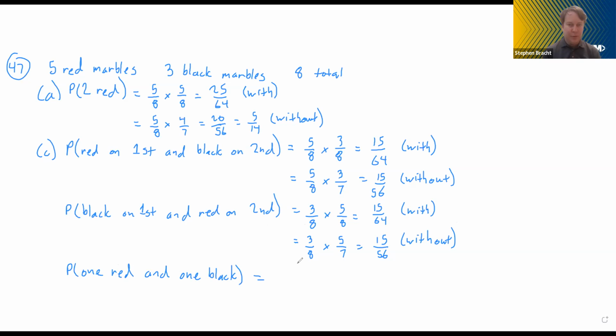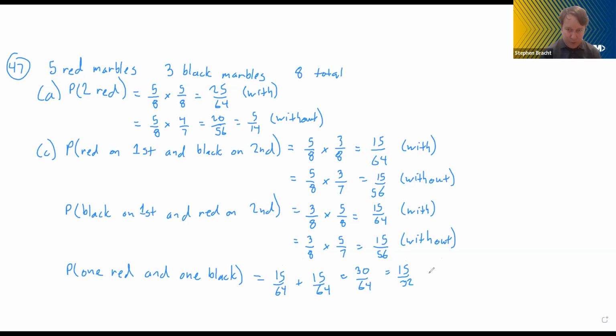And so you can just add those together. Okay, so if we do it with replacement, it would be 15 out of 64 plus 15 out of 64 equals 30 out of 64, which equals 15 out of 32.